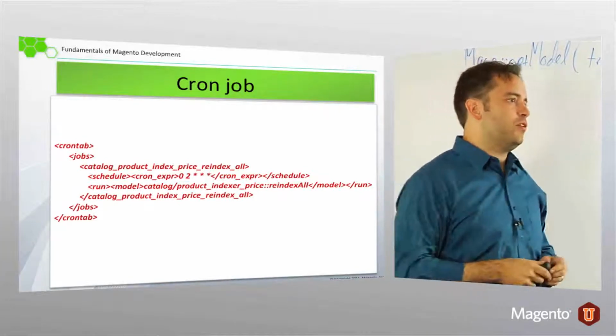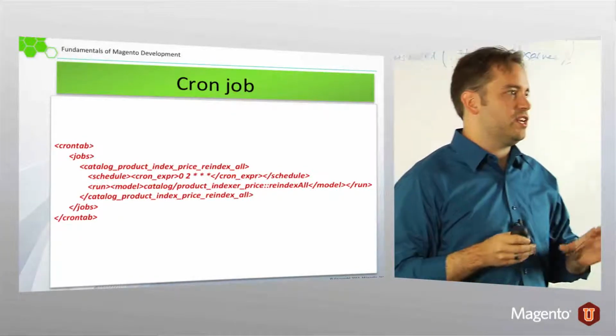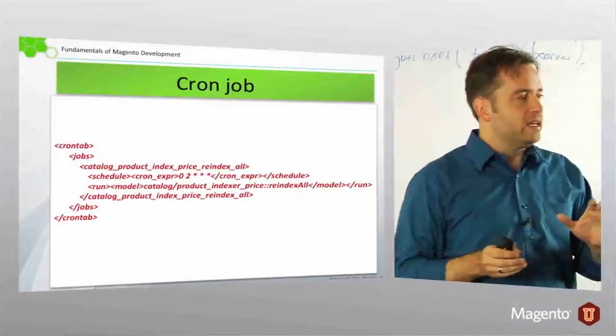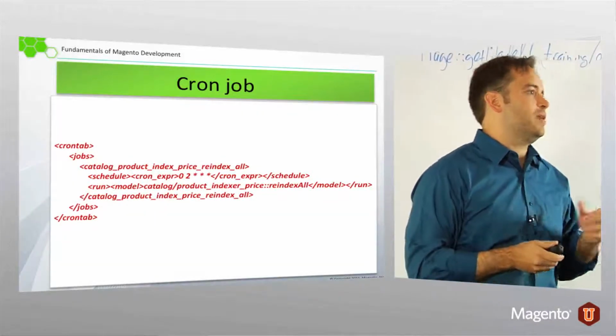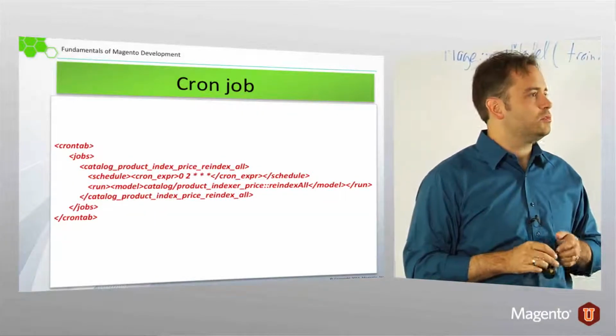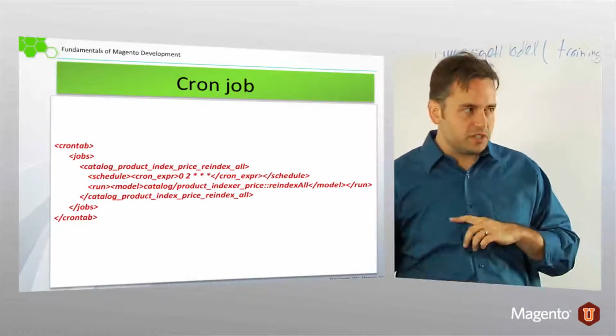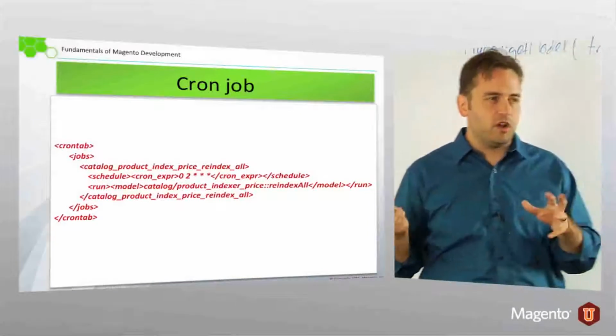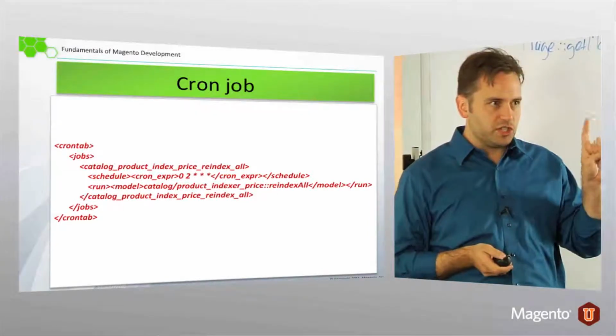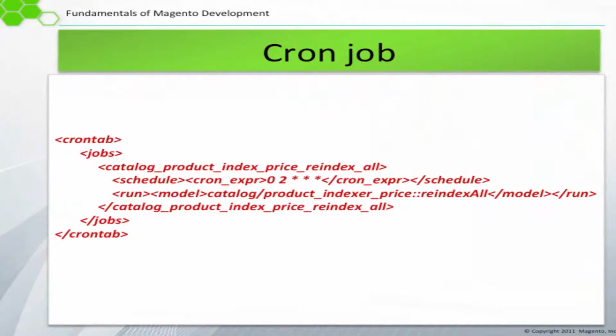And all these jobs and their states and their history end up in a database table, cron scheduled, I believe. So it can be a bit of a misnomer to see cron job here and to see cron job out in Magento, because there's really just the one cron script that needs to be hit, and then internally it just uses the settings that you've configured to evaluate this cron expression to determine whether or not it should schedule the job.